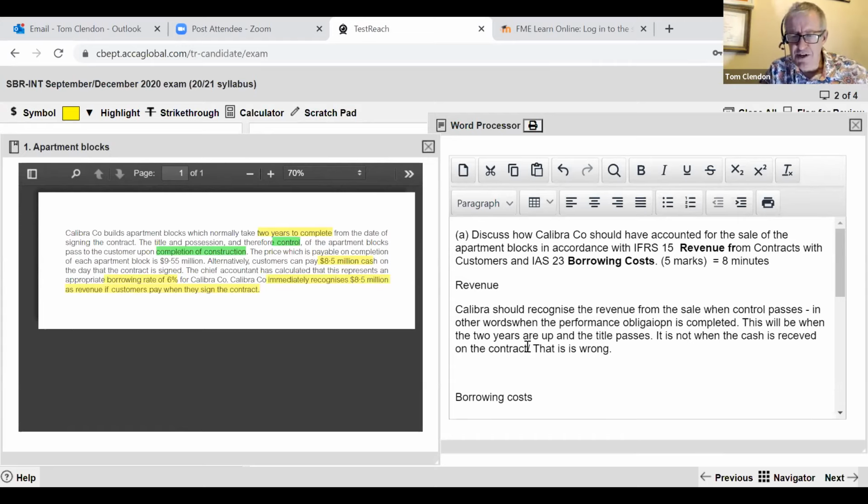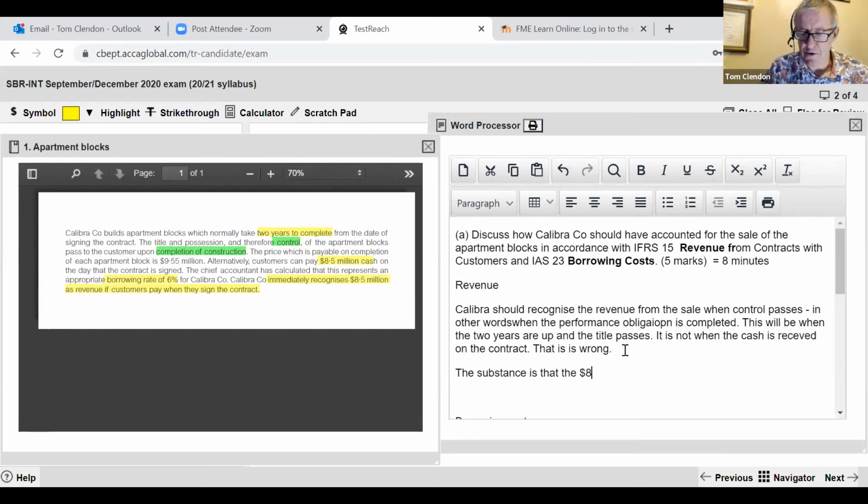Well, if you've received money for something that you haven't done, you've then got an obligation to do it. You haven't sold it. So you might say something along the following lines, and there is a borrowing rate being mentioned. The substance is that the money, it's 8.5, isn't it?